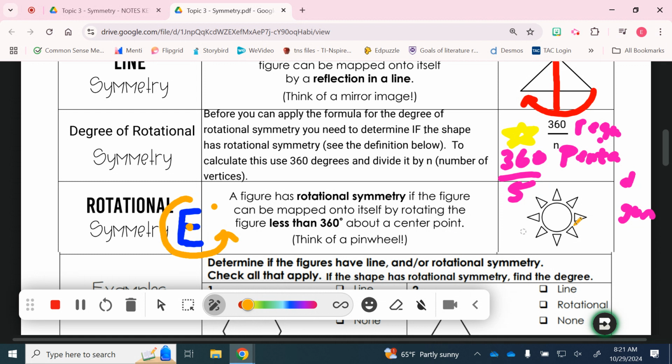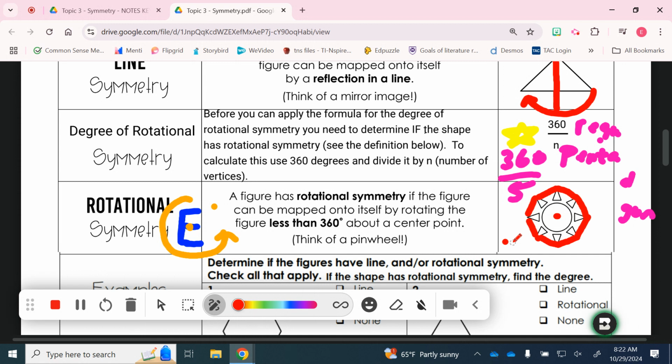However, this figure, if I connected these a little bit, I would have 1, 2, 3, 4, 5, 6, 7, 8. Looks like an octagon. Very octagon-ish, right? If I put a point directly in the center of that and rotate it, will it map onto itself before we hit that full circle?